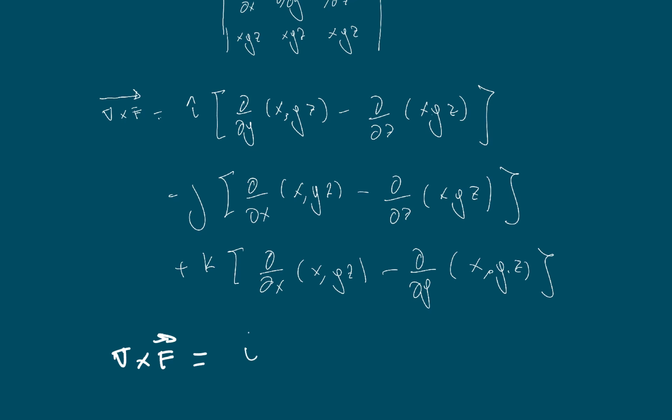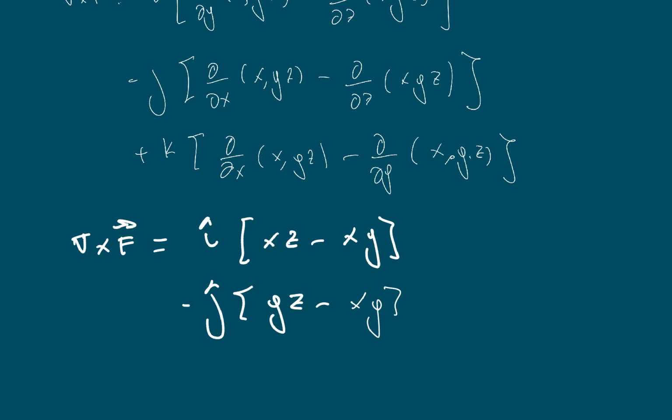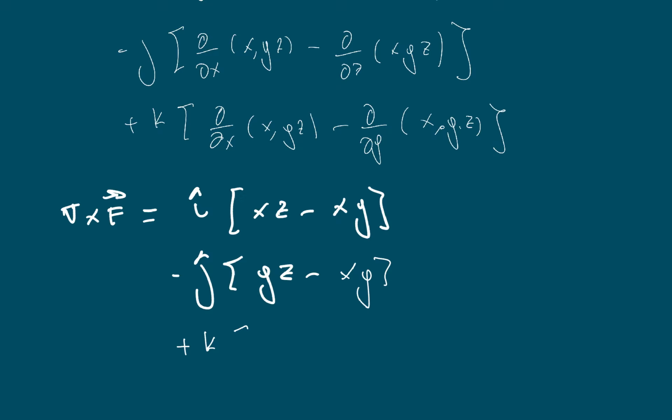It will be a vector. The derivative with respect to y is xz, minus the derivative with respect to z, which is xy, minus j, the derivative with respect to x, which is yz, minus the derivative with respect to z of xyz, which is xy, plus k, the derivative with respect to x is yz, minus the derivative with respect to y, which is xz.